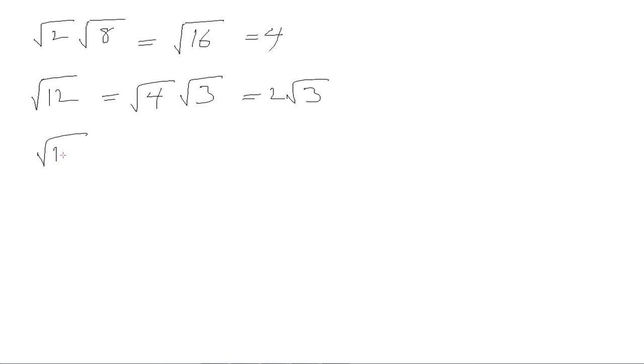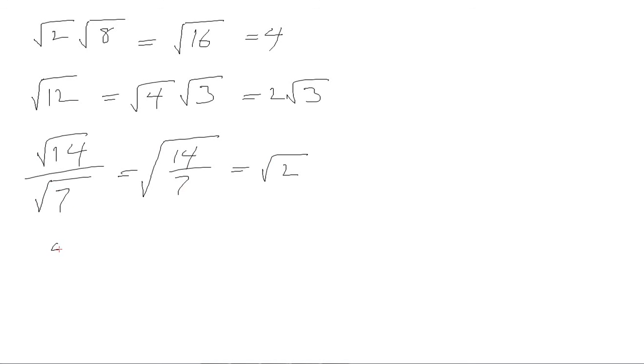Another example, radical 14 over radical 7. This is radical 14 over 7, which is radical 2. Radical 50.